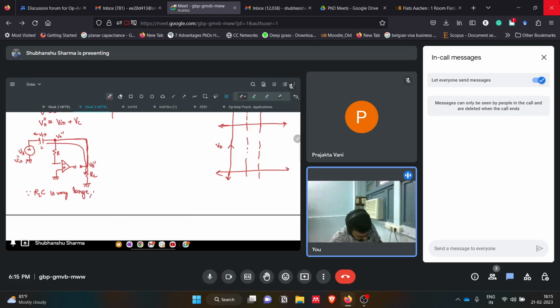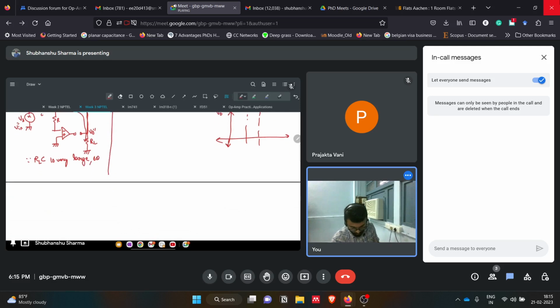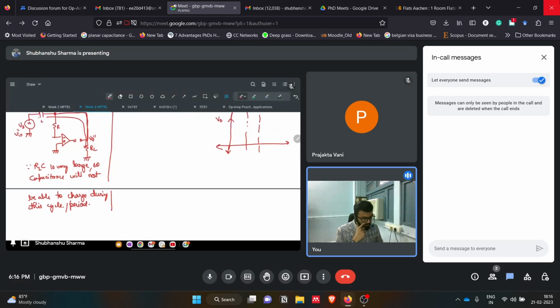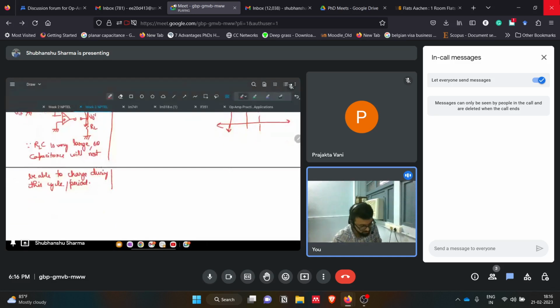So the capacitance will not be able to charge during this cycle, or period. Now, if the capacitance will not be able to charge, then what will happen? The capacitive voltage Vc on the capacitance will be 0 volts.